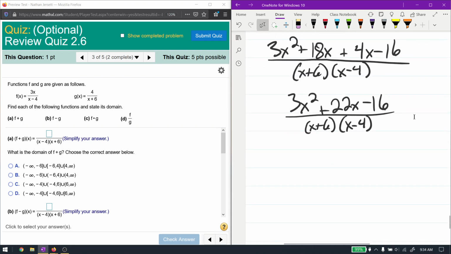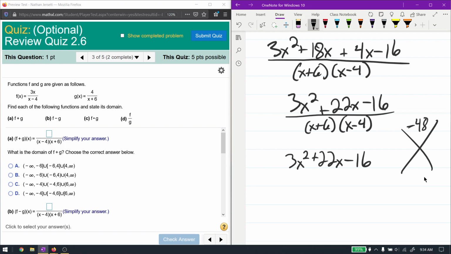I believe now we can factor the numerator. Let's see, plus 22x minus 16. There's nothing I can take out of that, so there's no greatest common factor. So I'm just going to proceed with the AC method. We get -48 and 22.